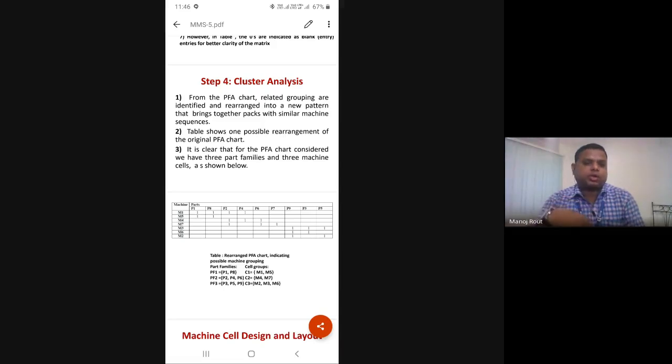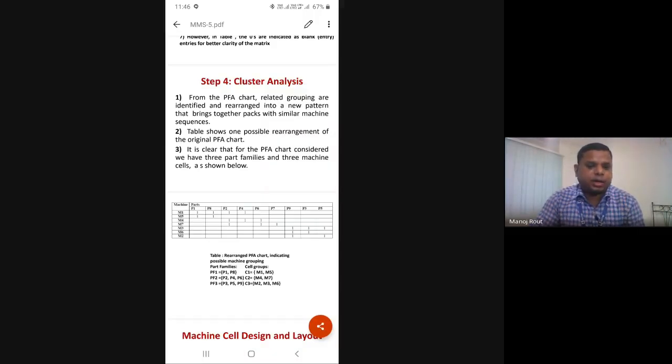This particular table shows the product flow analysis for parts with similar pairs and dissimilar parts, and contains part identification, part codings, and arrangement of machines in a systematic pairwise manner. As you see, it is clear from the product flow analysis chart, and consider that there may be three families.